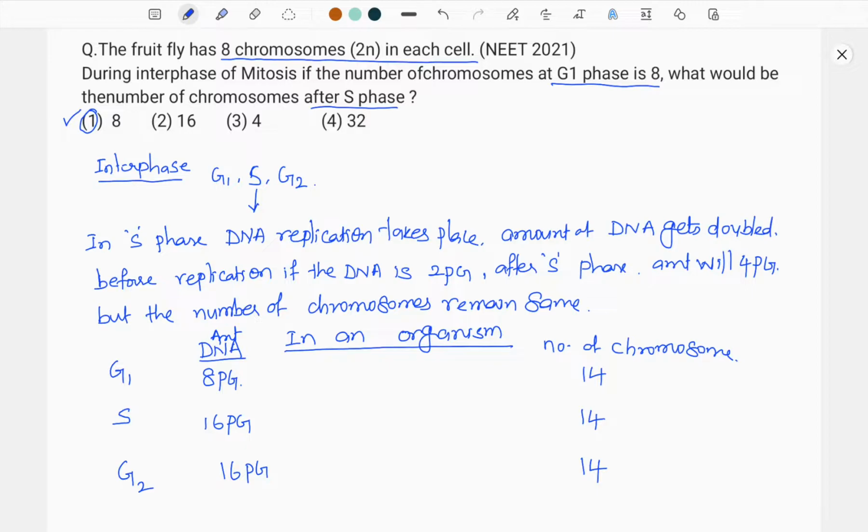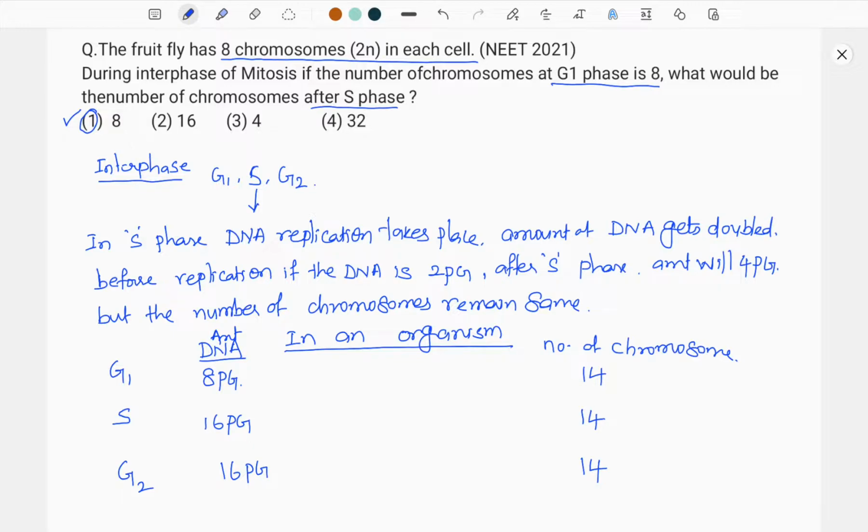He may give you, instead of fruit fly, other organisms like pisum, where 2n equals 14, allium 2n equals 16, maize 20, human beings 46, that we know very well.